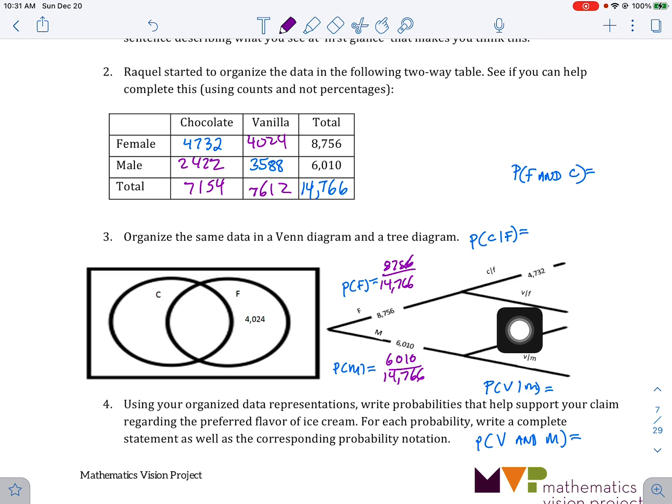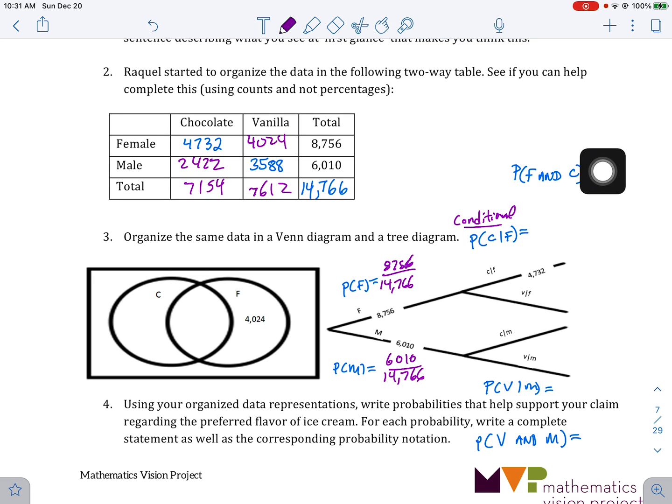Now, it also says, given that you're only looking at females, what is the probability of chocolate as a preference? And so this one is conditional probability. Conditional, okay? And in this case, the condition is female. And the question is, given female, what's the probability it's chocolate?